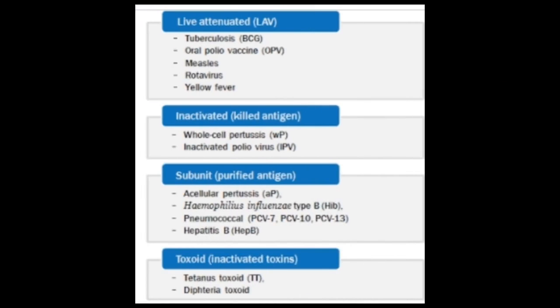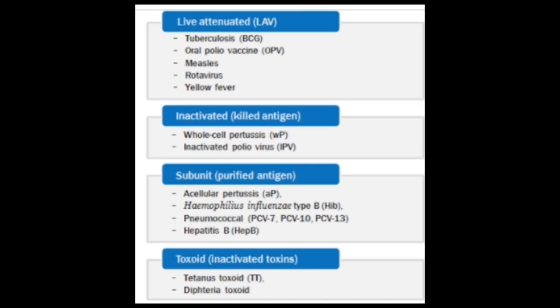Here, there are mainly four types. First, vaccines which are developed from live bacteria or virulent germs. They are the vaccines which do not cause any diseases, but they are introduced into our body to immunize against tuberculosis and many diseases like measles, yellow fever.